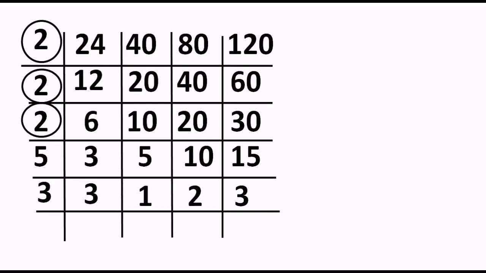So dividing 3 by 3, we get the answer 1. 1 is itself a normal number now and cannot be divided further, so 1 will be written the same. 2 cannot be divided by 3, so 2 will be written as it is. And the last 3 divided by 3, we get the answer 1.